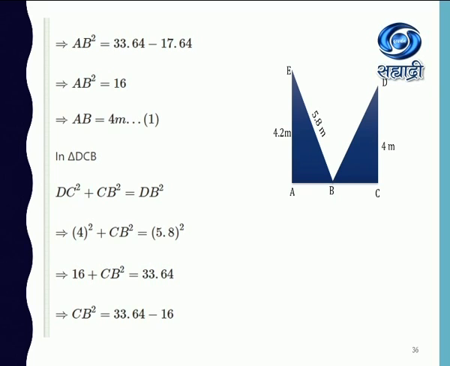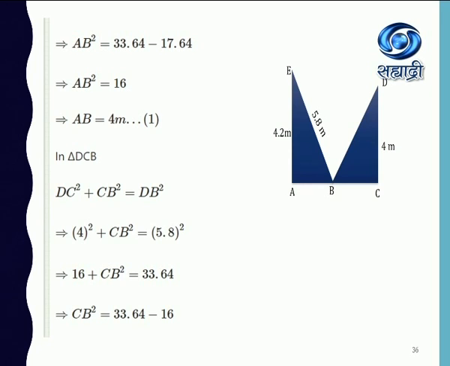Now let us consider the other triangle. The triangle is triangle DCB. Here BD is the hypotenuse. BD or DB, I have written DB over here, it is the same. So DC square plus BC square is equal to DB square. So 4 square plus CB square is 5.8 square. When you solve it mathematically, 4 square is 16, plus CB square gives us 33.64.